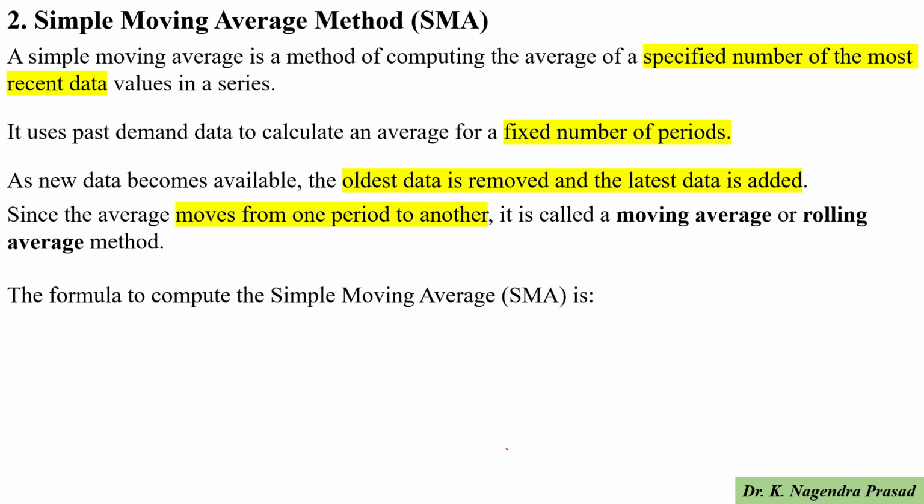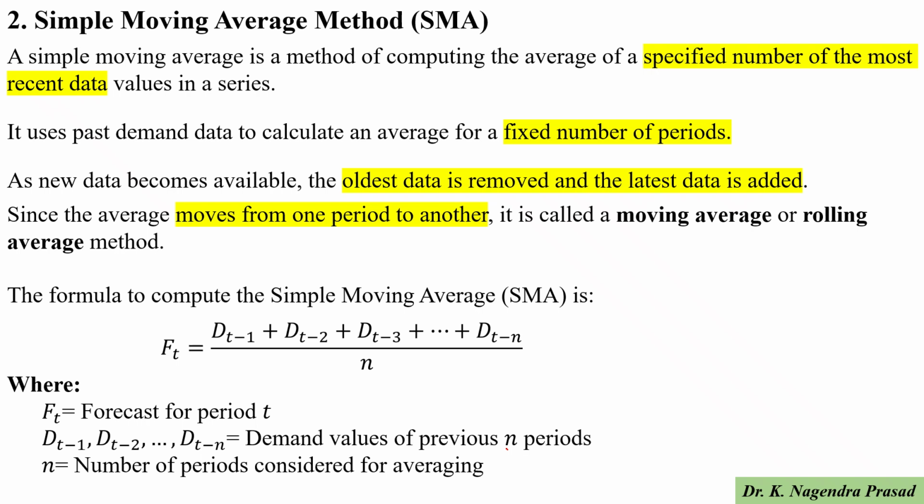The formula to calculate the simple moving average is Ft equals dt minus 1 plus dt minus 2 plus dt minus 3 up to dt minus n, divided by n, where Ft is the forecast for period t, dt minus 1, dt minus 2 up to dt minus n are the demand values of the previous n periods, and small n is the number of periods considered for averaging.